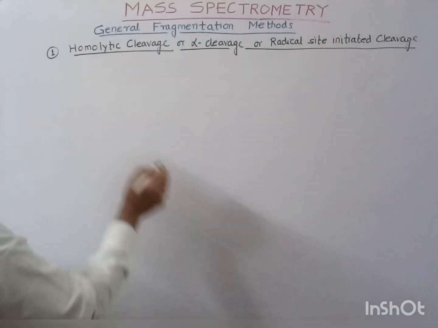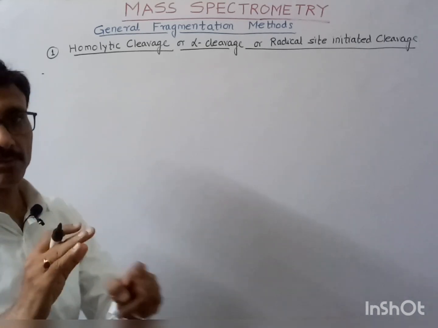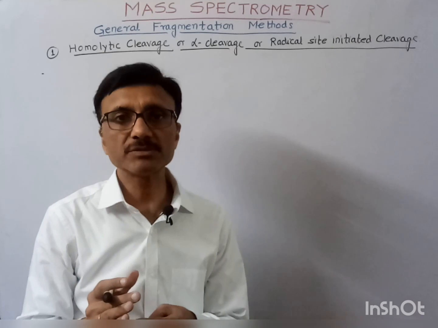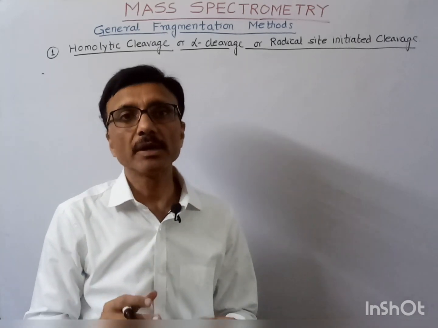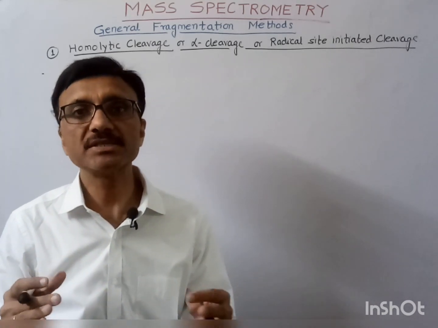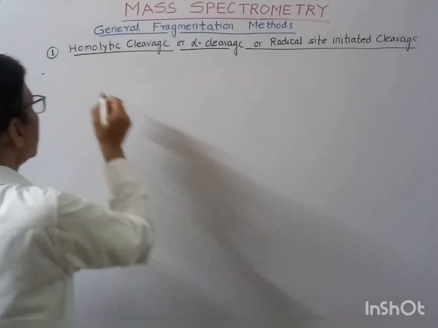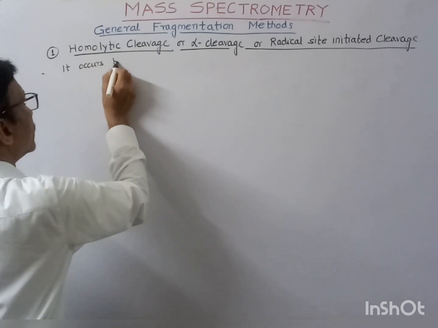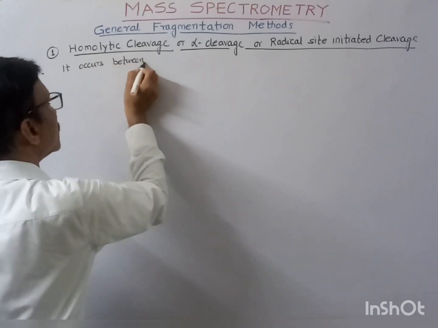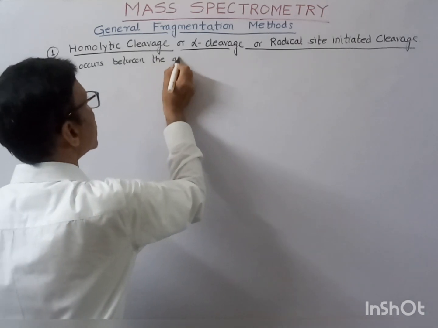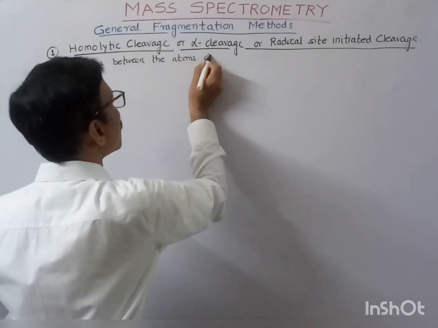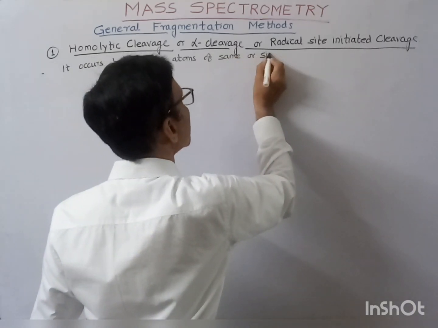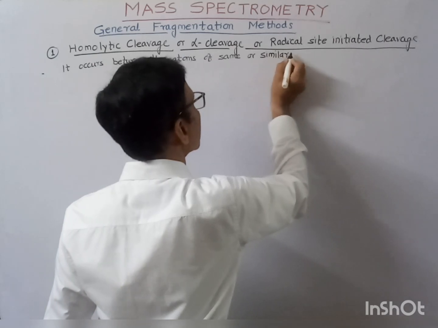Now this homolytic cleavage means between the same type of atom. So such type of cleavage is between the same type of atom or atoms having the same or similar electronegativity.